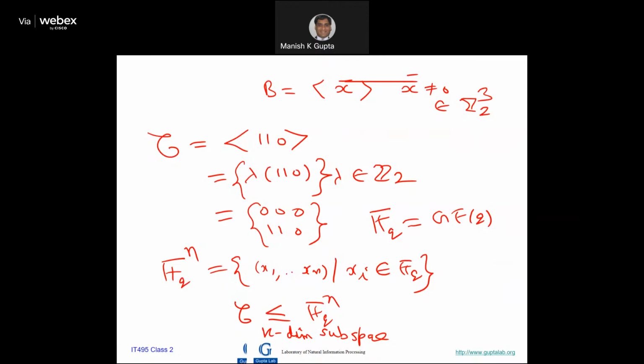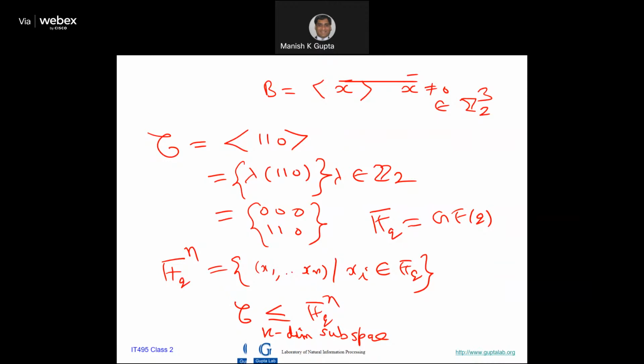Why are we calling this a vector space? It's a collection of vectors satisfying the linearity property, so their linear combinations are again in the set. Each vector space has a basis. If the vector space is of dimension n, the basis has n vectors. All those vectors are linearly independent, number one. Number two, any vector in the space is a linear combination of these n vectors.